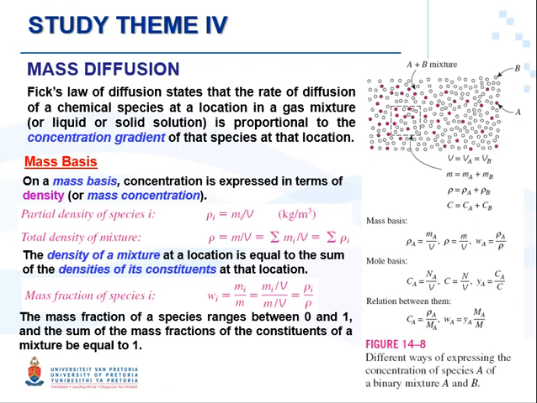So the number is between 0 and 1. If we have just one species it can be 1, but if we have two, it can't be just 0 or 1.